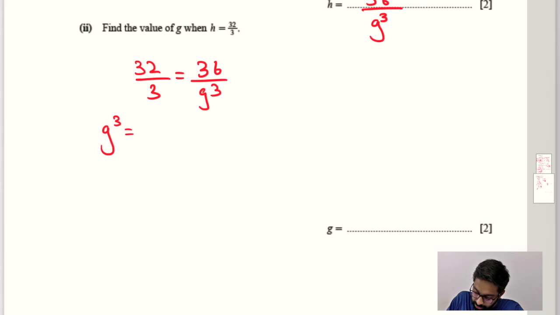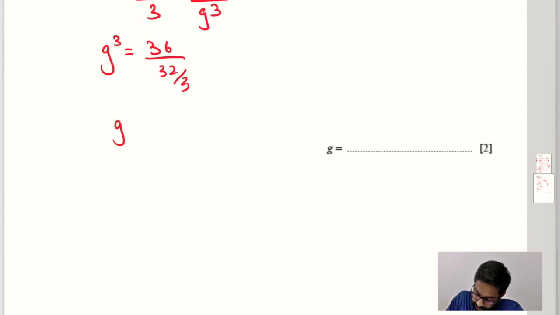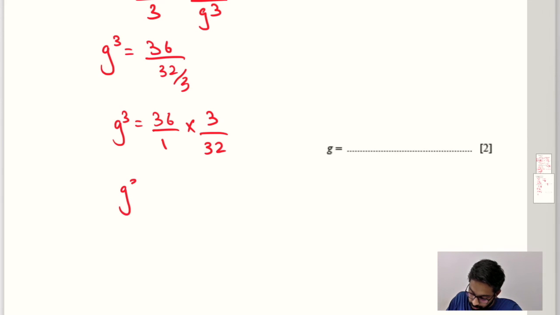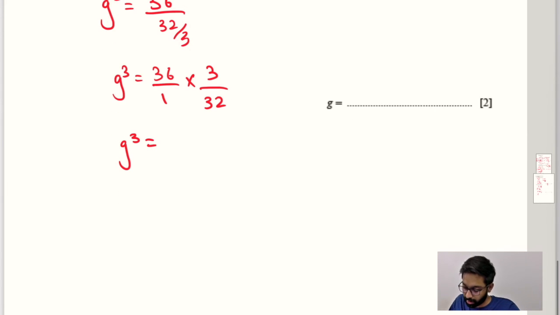So it becomes g cubed equals 36 over 32 over 3, which can also be written as g cubed equals 36 over 1 times 3 over 32.